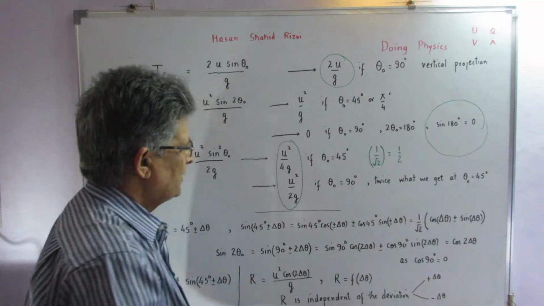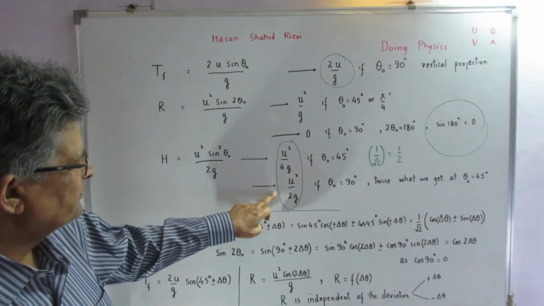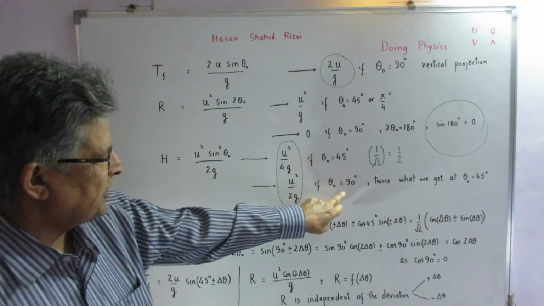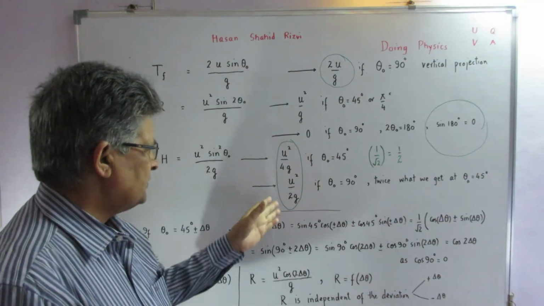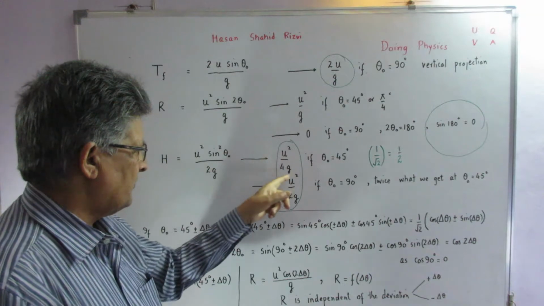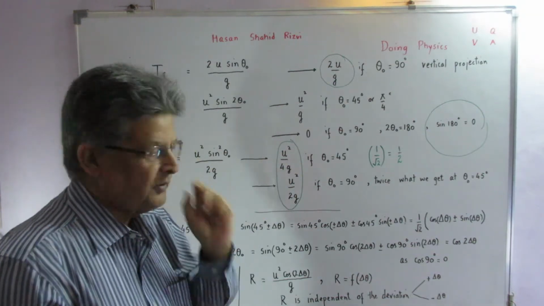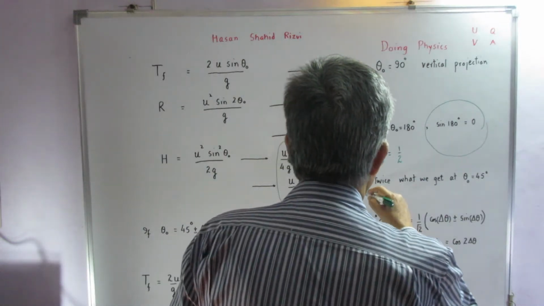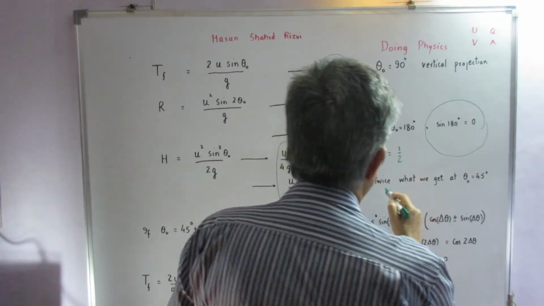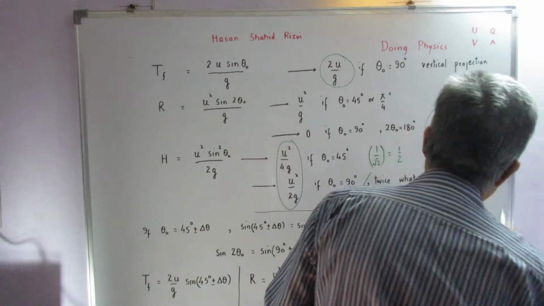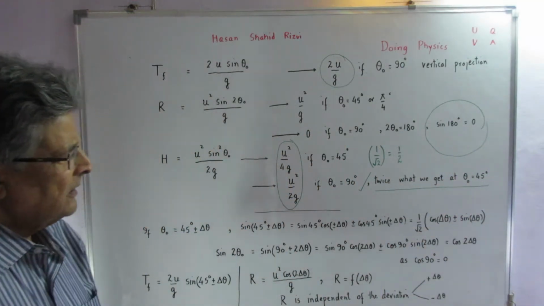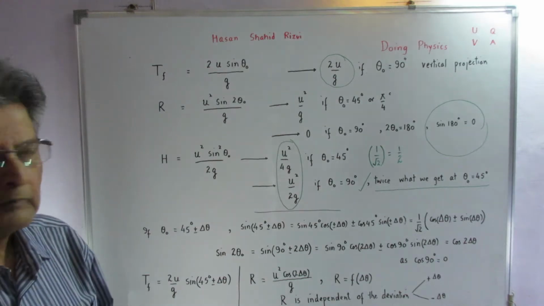Look here, this value, when the angle of projection is equal to 90 degrees, is twice the value that we obtained at theta naught equal to 45 degrees. Just square it. 1 by root 2 squared is equal to half.